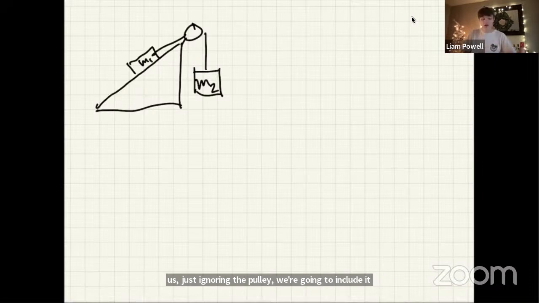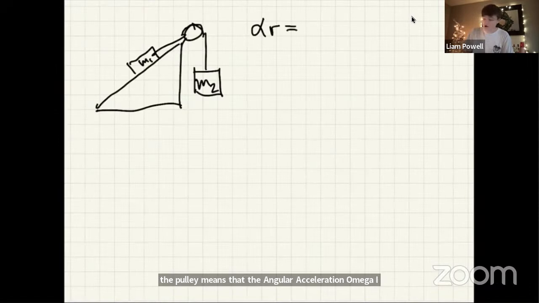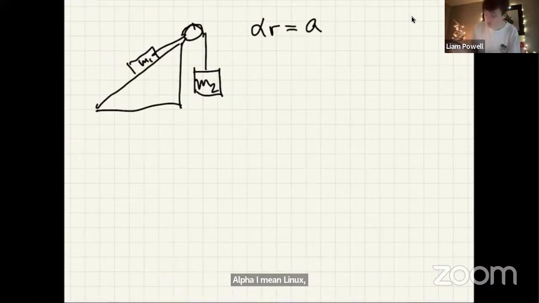There's no slipping, so the movement of the line across the pulley means that the angular acceleration, alpha, times the radius is equal to the linear acceleration. So linear acceleration is equal to radius times alpha.